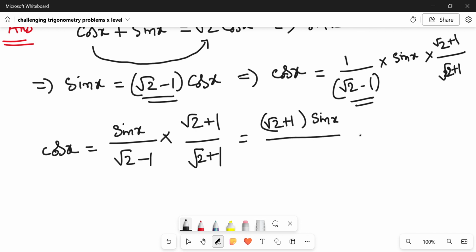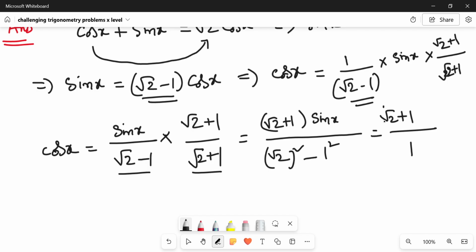So let's observe the denominator part. This is like a minus b into a plus b. So it is root 2 whole square minus 1 square, right? So this is nothing but 2 minus 1, which is 1. I am not writing that. So the denominator anyway is 1. So you have root 2 plus 1, you have sin x here.